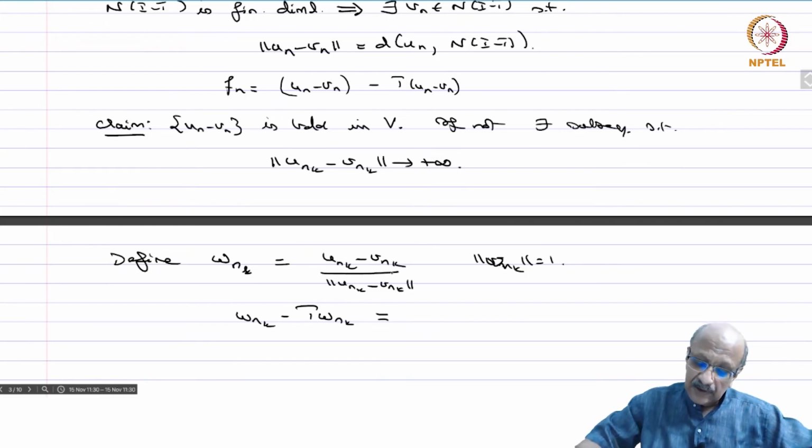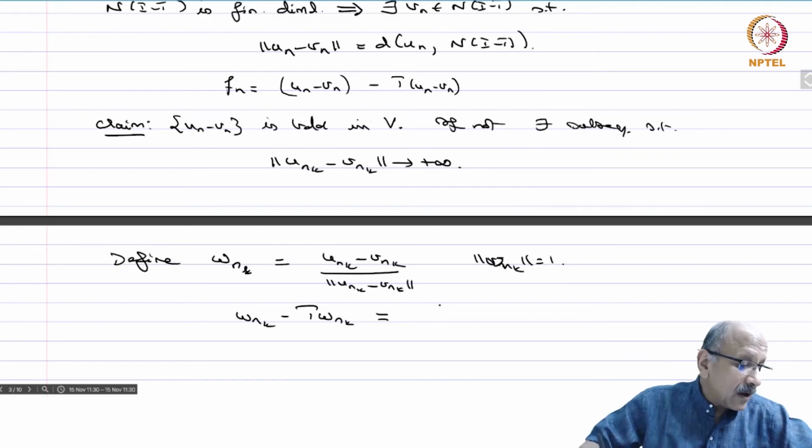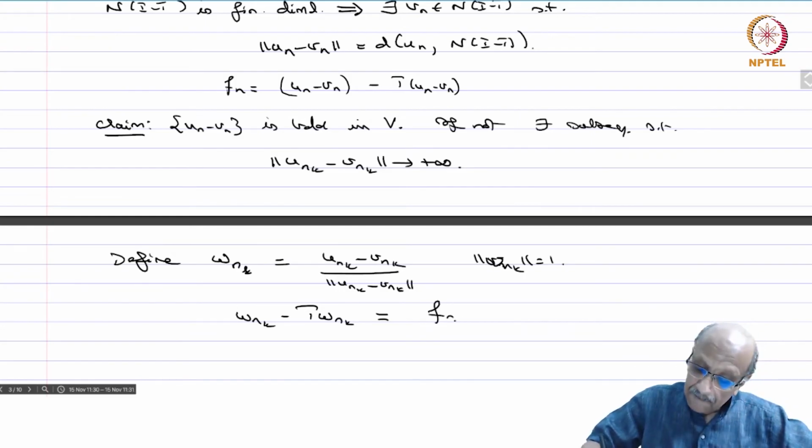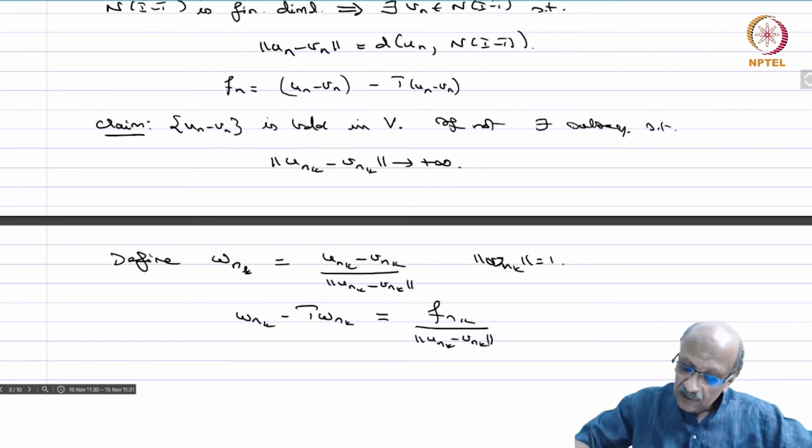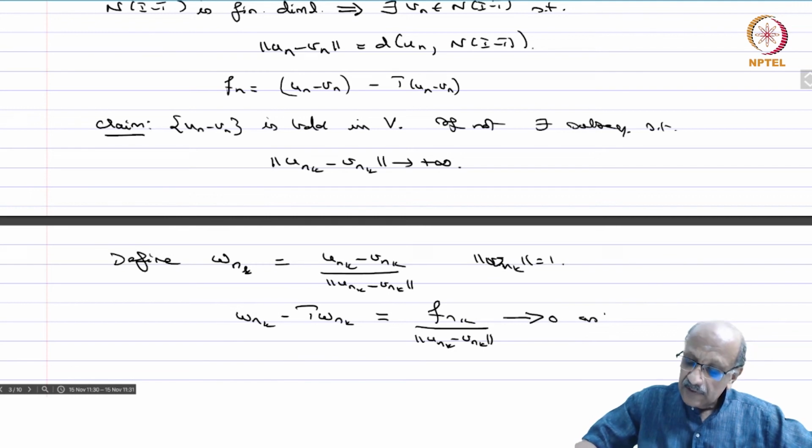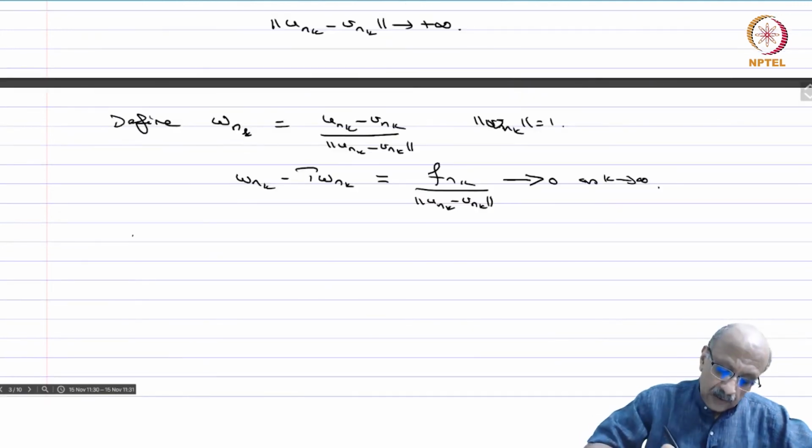Well, that's Unk minus Vnk by something. So you just get Fnk by norm of Unk minus Vnk. And this denominator goes to infinity. Numerator is Fn goes to F, so it's a convergent sequence, so it's bounded. So bounded divided by something going to infinity goes to 0 as k tends to infinity. So Wnk minus T of Wnk goes to 0.